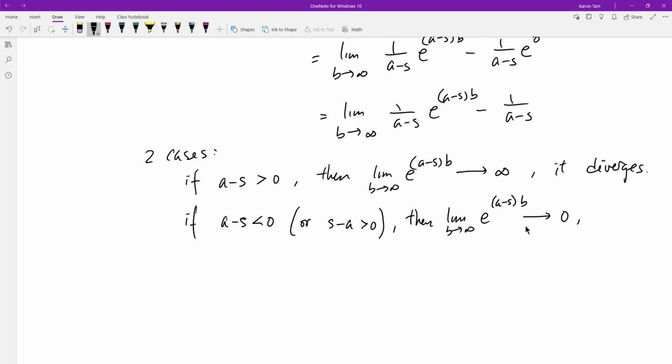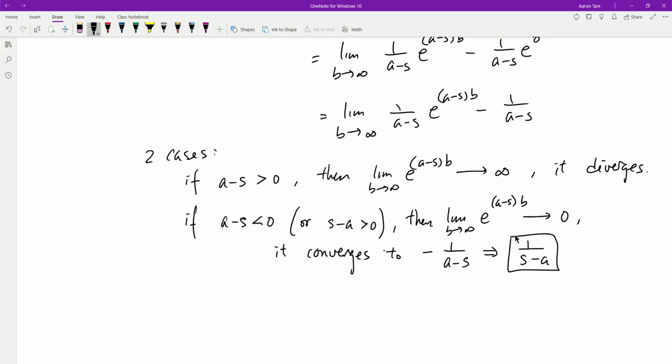And therefore it converges to negative 1 over (a minus s), which is the same thing as 1 over (s minus a).